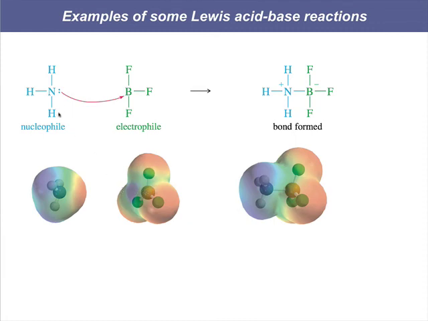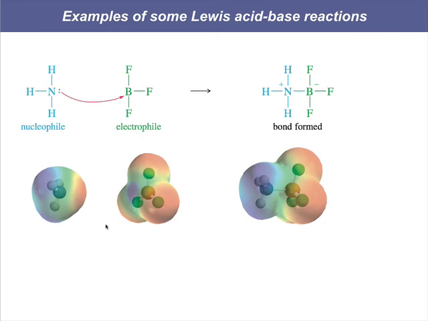So this reaction, even though you know what the product looks like, we're showing you what the product looks like, and so it's easy to conclude, yes, that the nitrogen is donating electrons to the boron. Why does it do that? Why does the nitrogen choose the boron? Why doesn't the nitrogen choose the fluorine, for example?